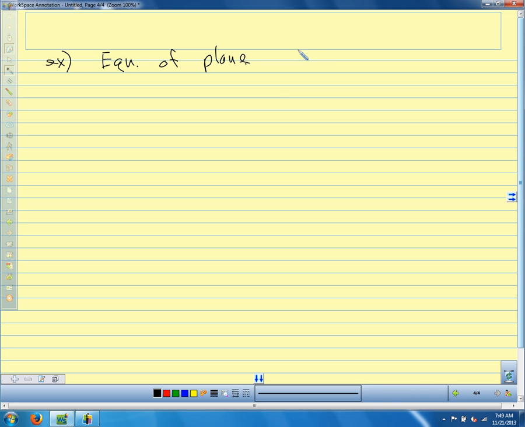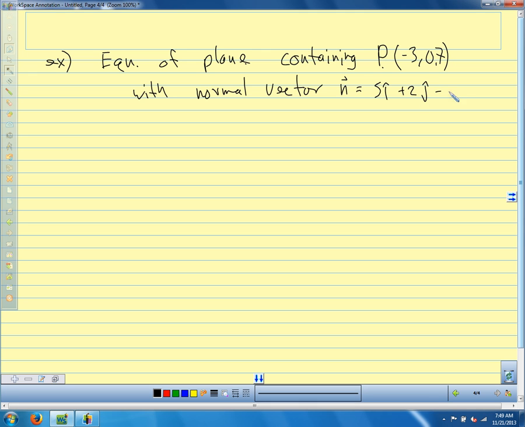The plane contains the point negative 3, 0, 7, and our normal vector is n equals 5i plus 2j minus k.